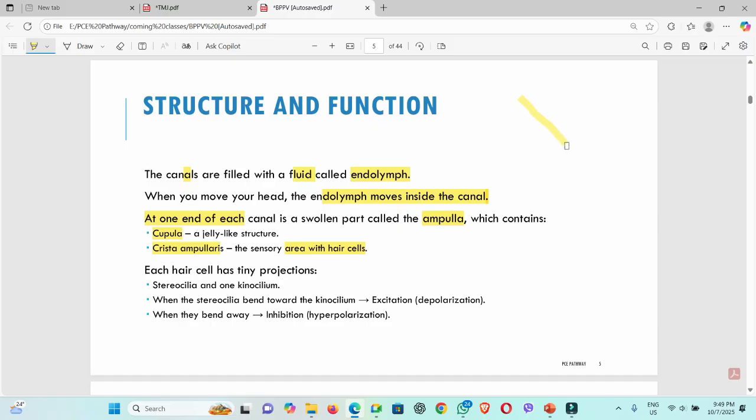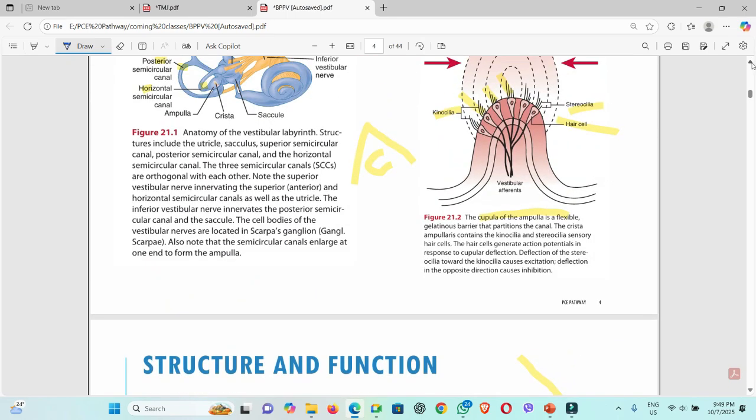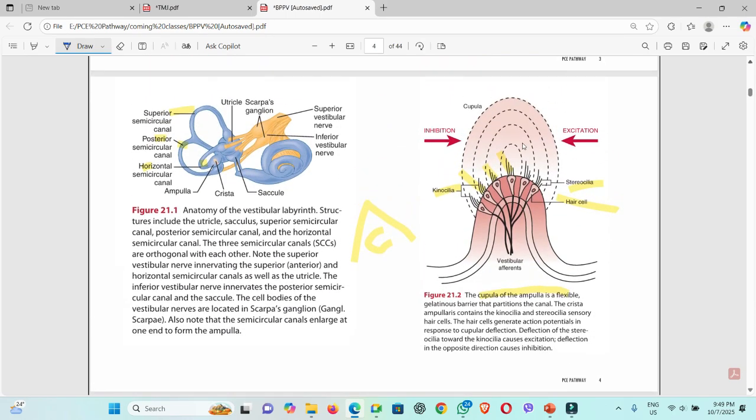So this is canal, and the canal is swollen. This is the swollen part of canal, and it is called ampulla. It looks like A, and ampulla has, remember the picture, guys, cupula inside it. And we have seen what is cupula. The whole structure is cupula, which is inside the ampulla, having all this cilia, hair cell.